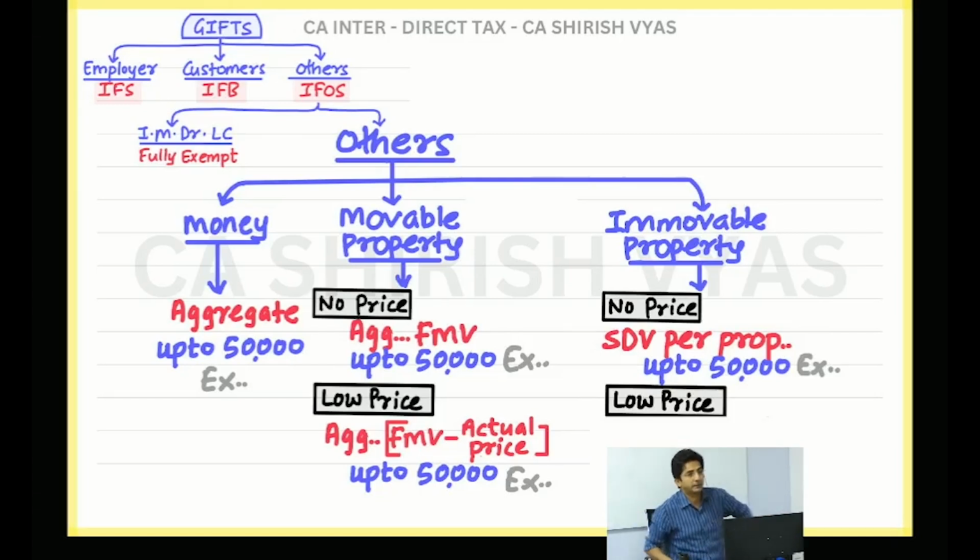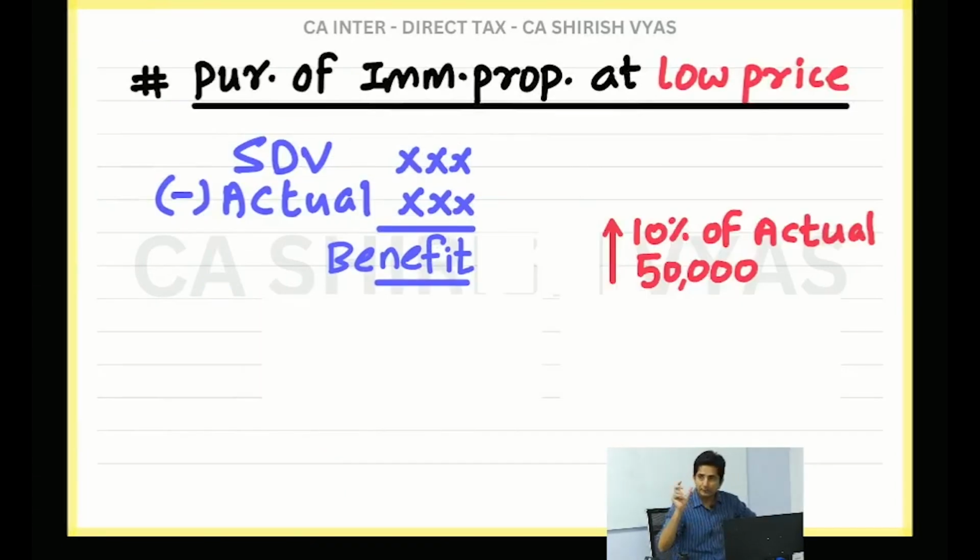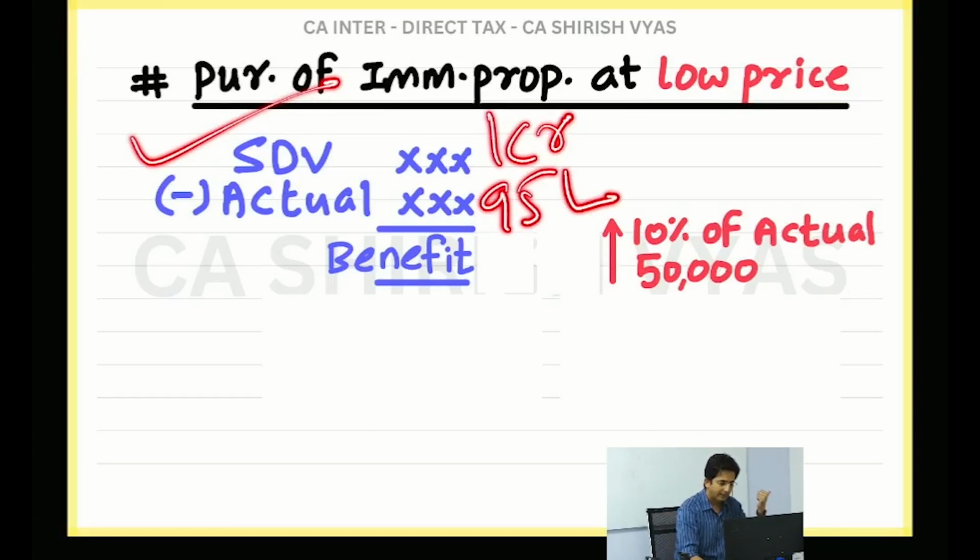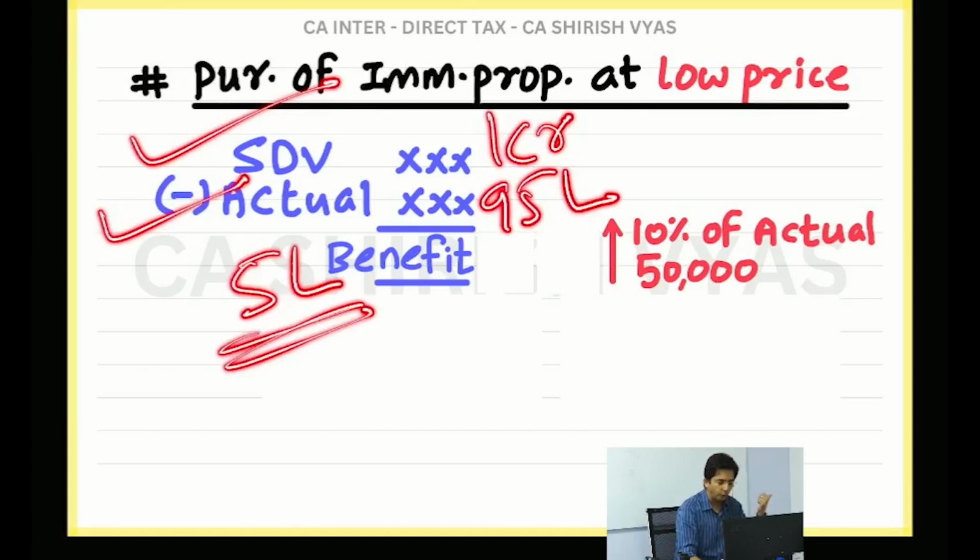Now what is the logic? Actually I want to put this rule properly, formally, and then I will explain the logic. It's very simple. In my example, what did I say? 1 crore is the stamp duty value, 95 lakhs is the actual price. So what was the difference? 5 lakhs. I will call 5 lakhs my benefit.